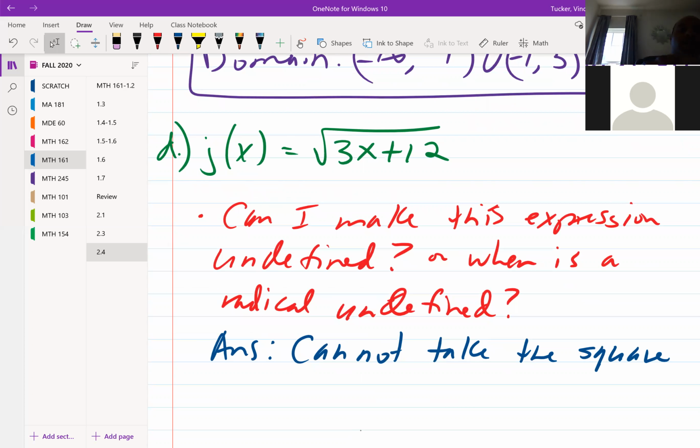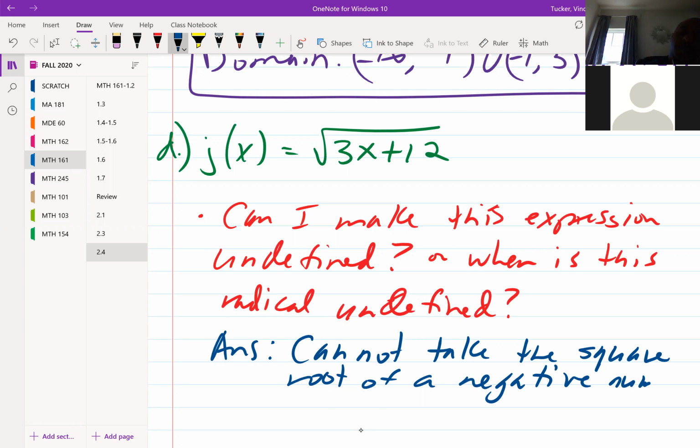And I shouldn't say when is a radical. I should say when is this radical undefined. Cannot take the square root of a negative number. So we cannot take the square root of a negative number.